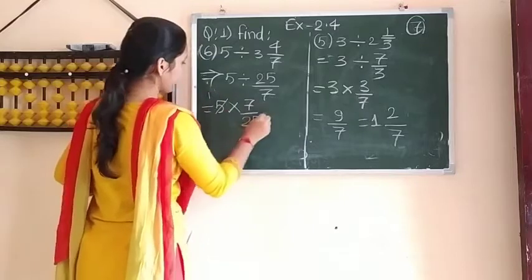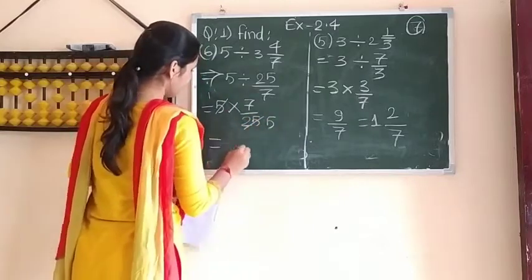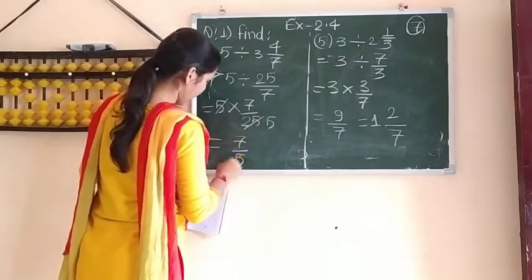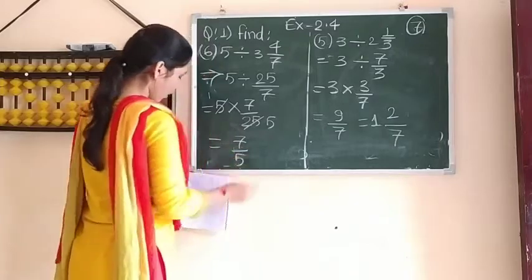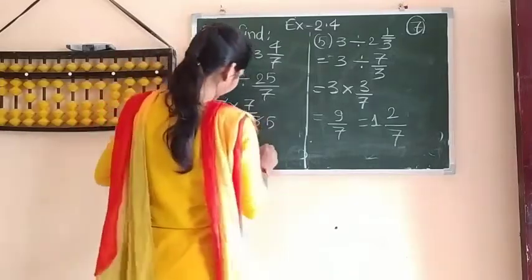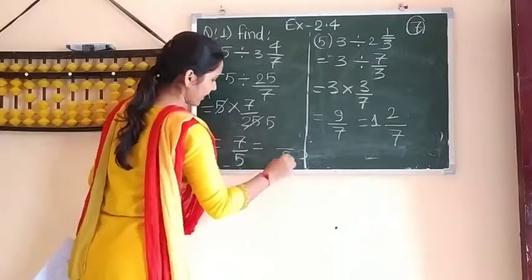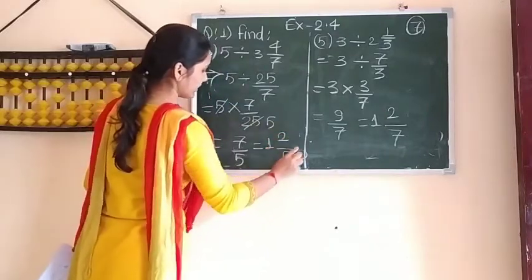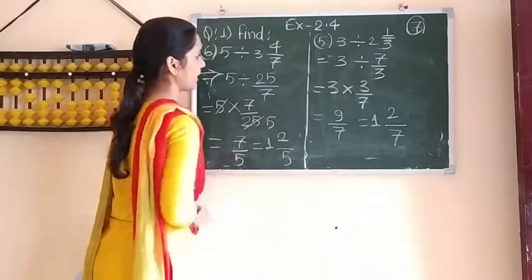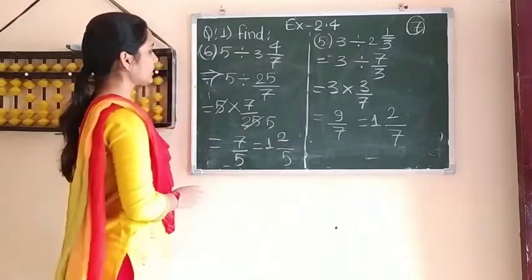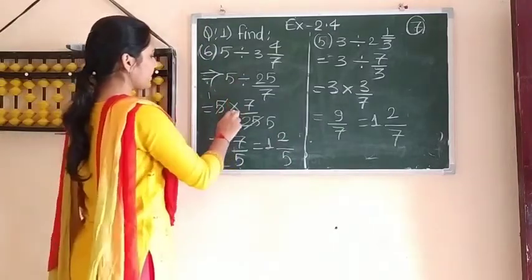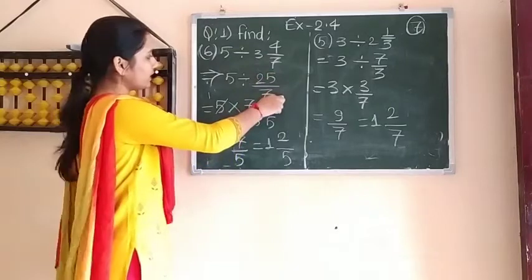Cancel this. 5 1s are 5, 5 5s are 25. So the answer is 7 upon 5. Or if you want, you can write it into a mixed fraction. 5 1s are 5, 5 plus 2 is 7. The answer is 1 2 by 5. It is very easy to solve. Just keep in mind, replace division by multiplication and make the reciprocal of the given fraction.